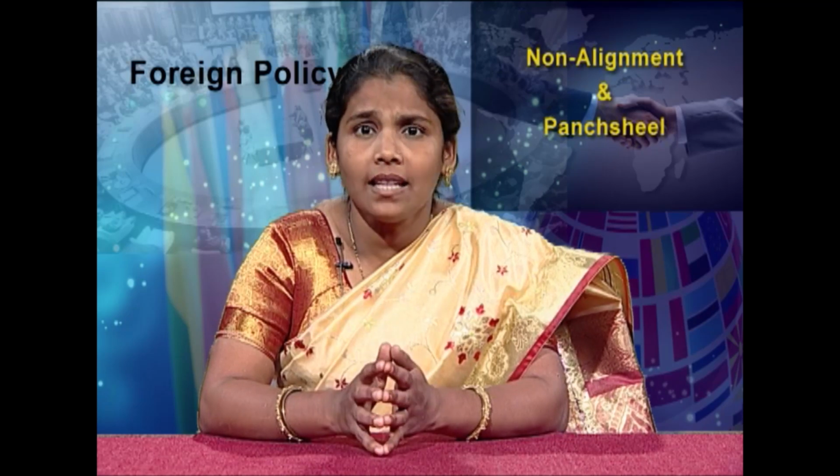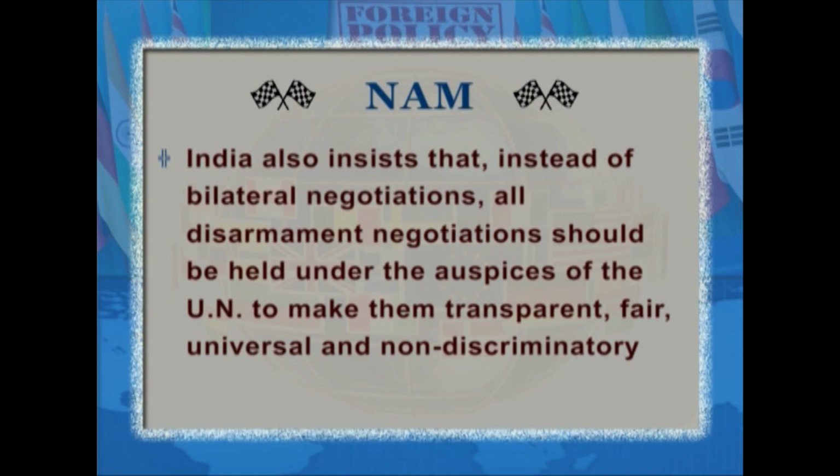India is against discrimination in any form. India also insists that instead of bilateral negotiations, all disarmament negotiations should be held under the auspices of the UN to make them transparent, fair, universal and non-discriminatory.